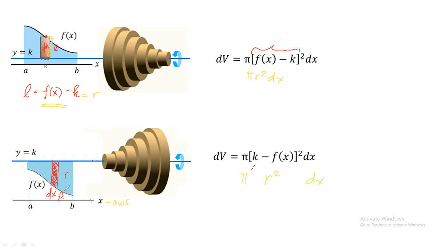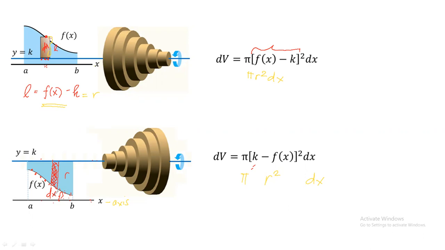From here to here, all these points are functions of x. So if the distances of these points from the x-axis are subtracted from the distance of this line, which is fixed from the x-axis, you'll be forming the radius or the length of this differential area.